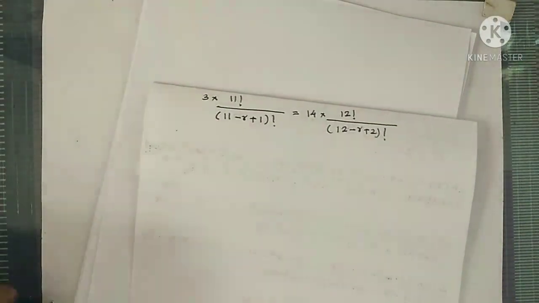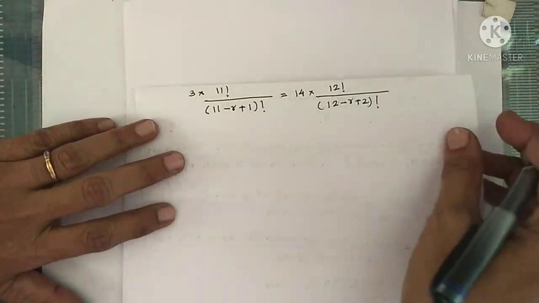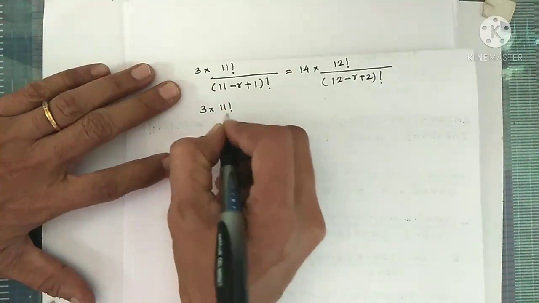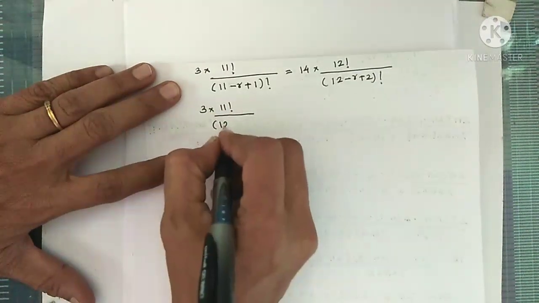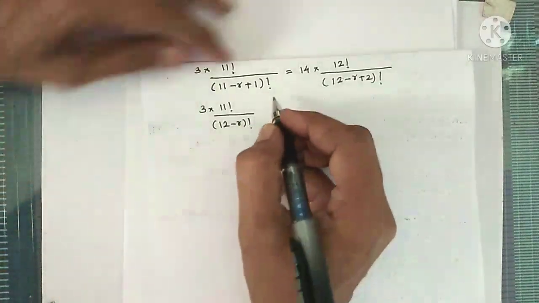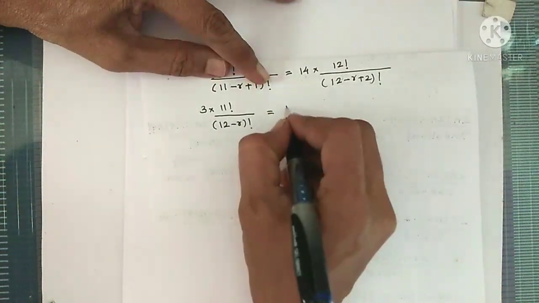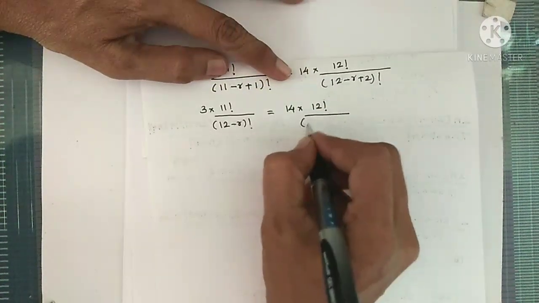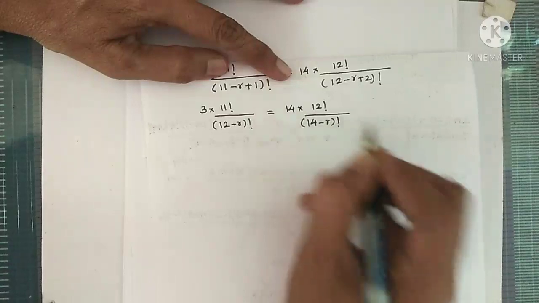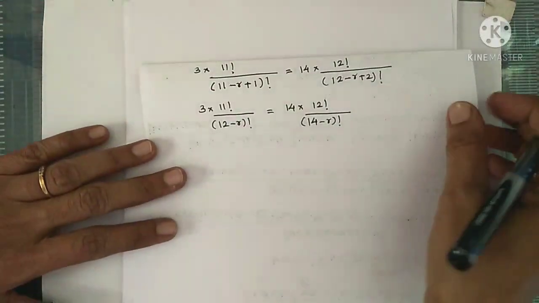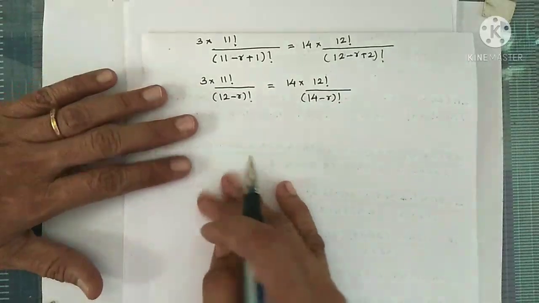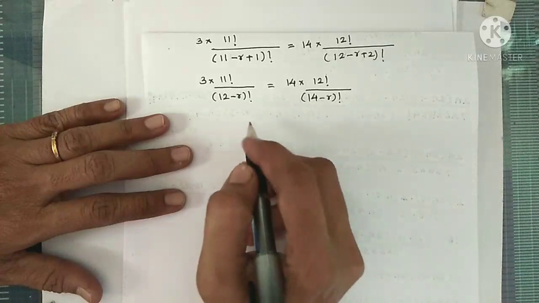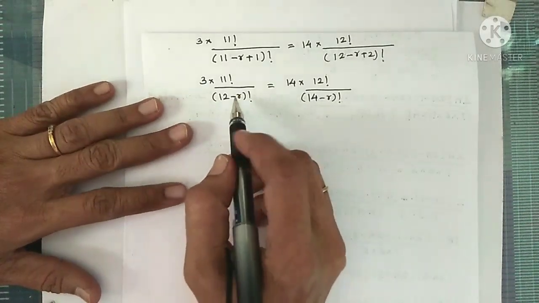Now let's simplify this. So this is 3 into 11 factorial divided by (12 minus r) factorial equal to 14 into 12 factorial divided by (14 minus r) factorial. Now we want to find the value of r, so we don't want this factorial notation. So let's compare the numbers.